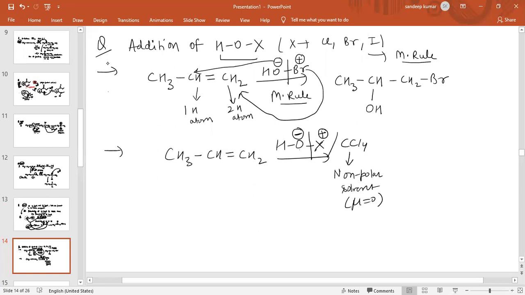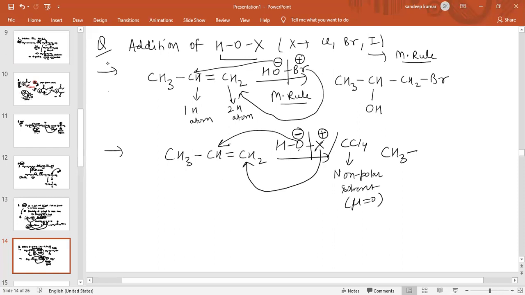Now addition will take place like this. This OH will attach to the carbon with less number of hydrogen atoms and this X will attack the carbon atom with more number of hydrogen atoms. See, if this OH group comes from above the plane, then this halogen will come from below the plane.